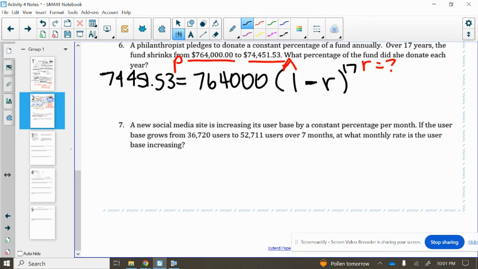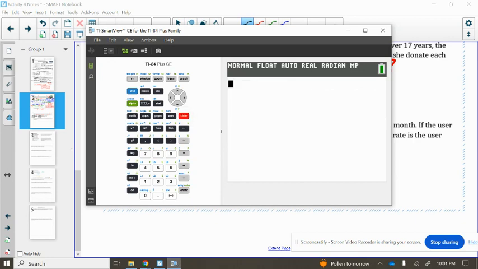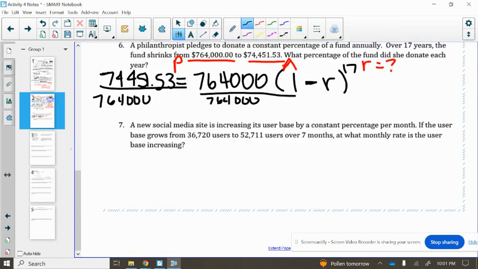So our goal is to get that R value by itself. So we're going to start, again, by dividing everything by the 764,000. Okay, that's our first step here. We get that the 74,451.53 divided by the 764,000 gives us about 0.097.